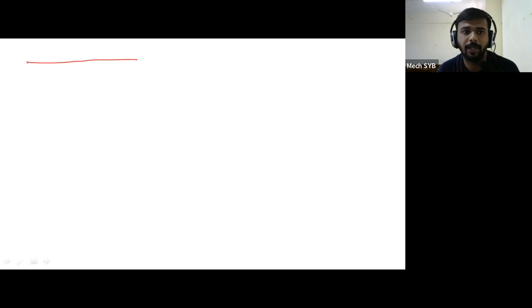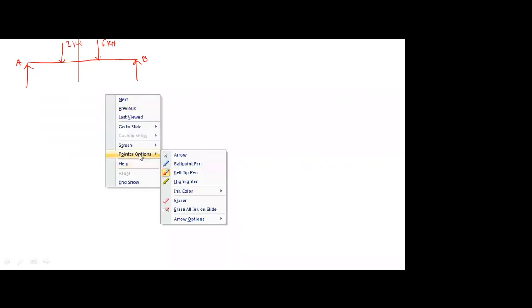So I will take the next slide, and on the next slide once again I will draw the loading diagram. See, same. This is point A, this is point B, this is the first point load, this is the second point load, that is 6 kilonewton. Sir, 3 kilonewton.